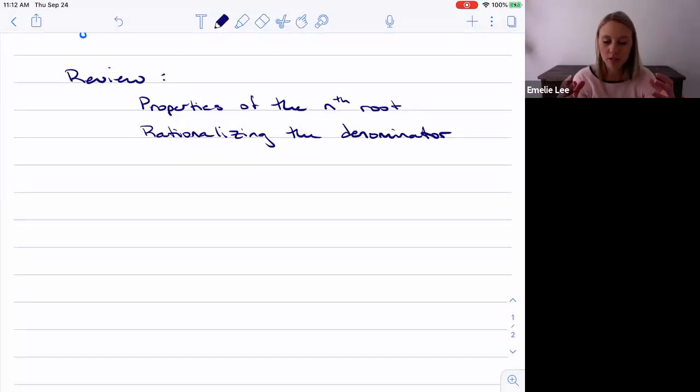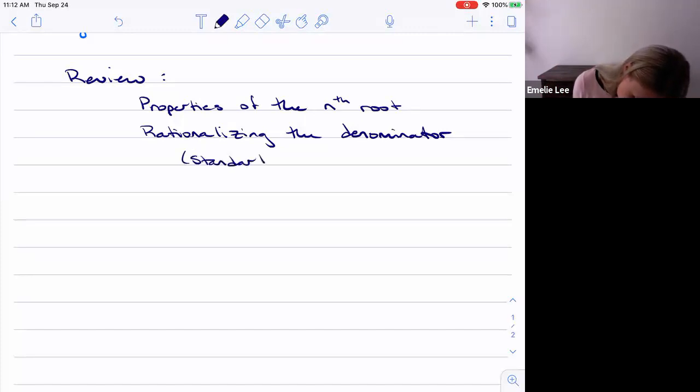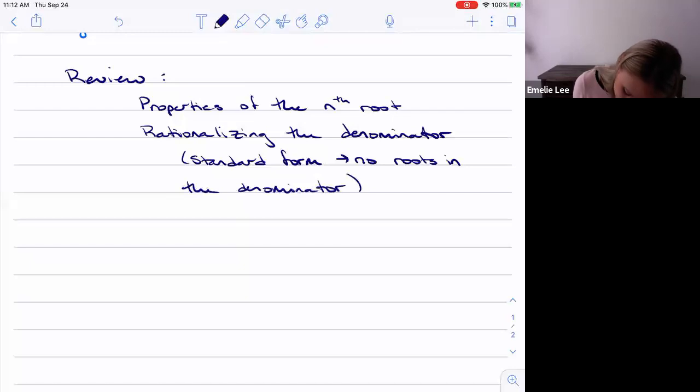But a lot of the time we don't want a root in the denominator, and so we have to be able to move it around, right? And so that's called rationalizing the denominator, or putting it into standard form. Standard form just means no roots in the denominator.